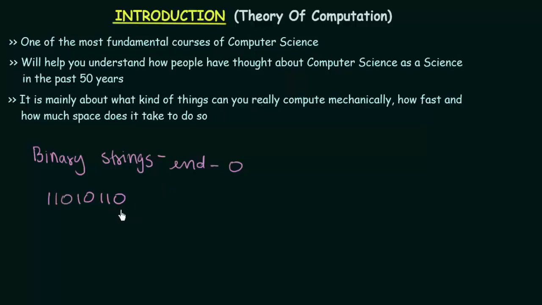A machine would scan the last digit, and if it finds that it is equal to 0, it says yes, it is accepted. Or if it finds that it is equal to 1, it says no and it rejects it. Why? Because our machine is supposed to accept all binary strings that end in 0. That was a very simple example.